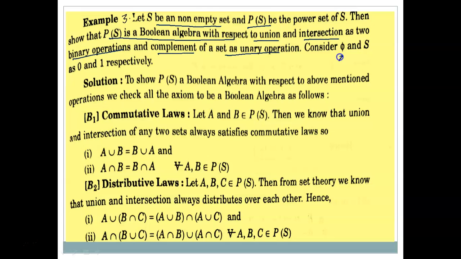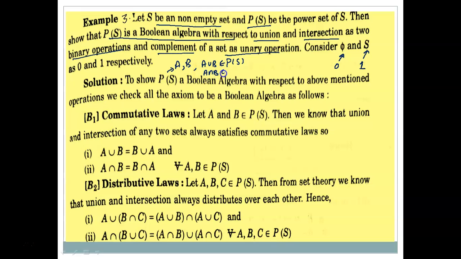Here in place of 0 it will be phi, and in place of 1 it will be S. You can easily verify here that the union of any two sets, if you are taking any two sets from this power set and you take the union A union B, definitely that belongs to PS. So union is a binary operation.